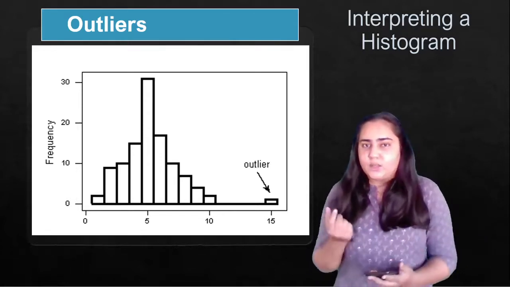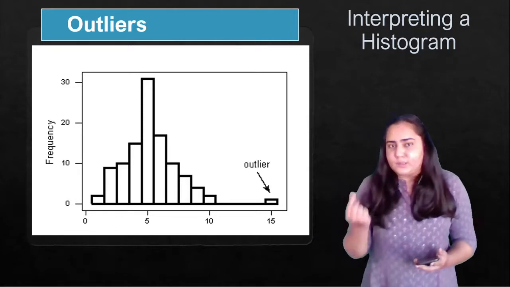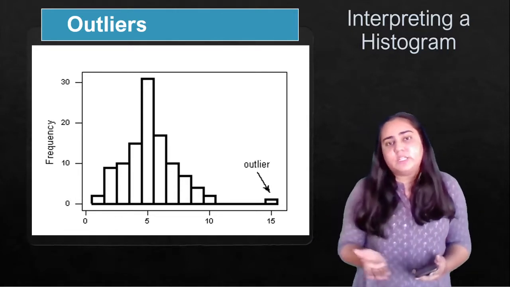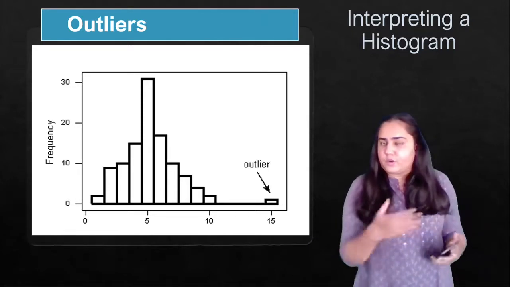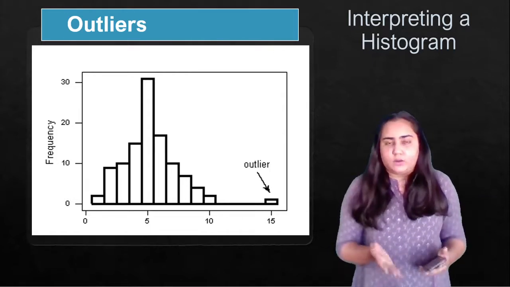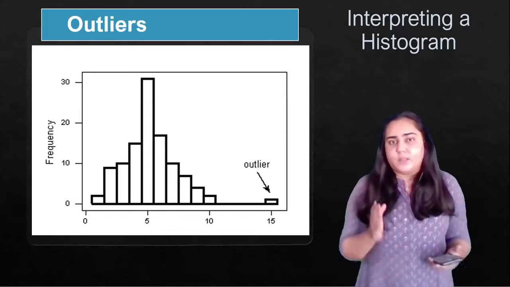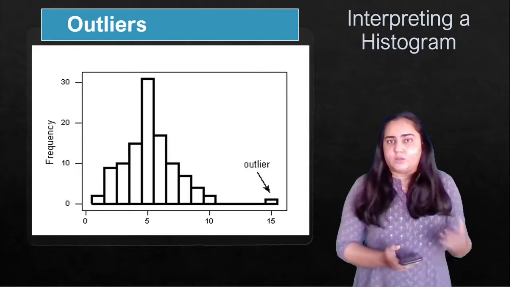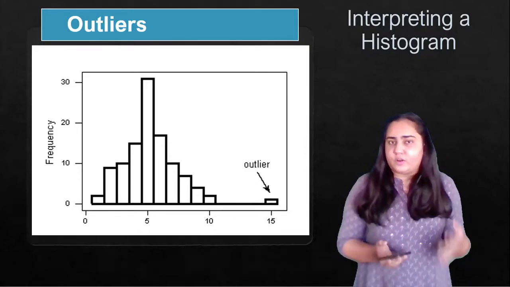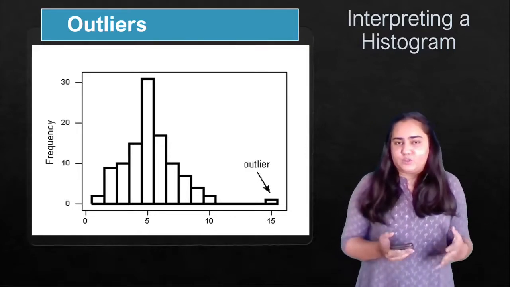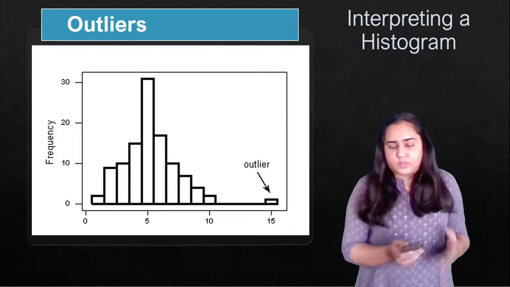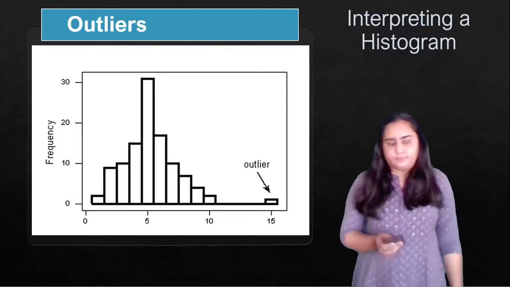But then there is this one little bar forming at 15, which is very much further away from the entire sample. That is what you would call an outlier, which does not fall into the range where everything else falls.